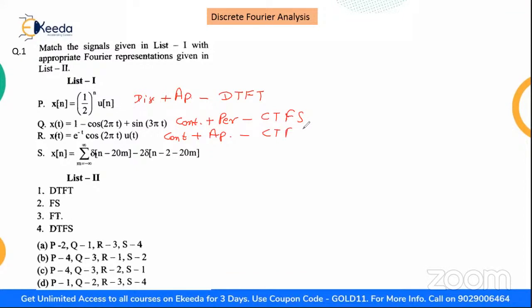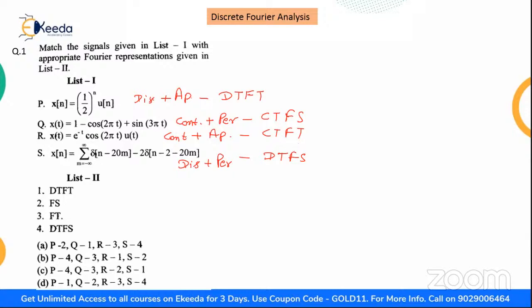And this signal is again periodic, discrete plus periodic. So for this, we will use the discrete time Fourier series. For periodic signals, we always use Fourier series. If the signal is discrete, then we use the discrete time Fourier series.